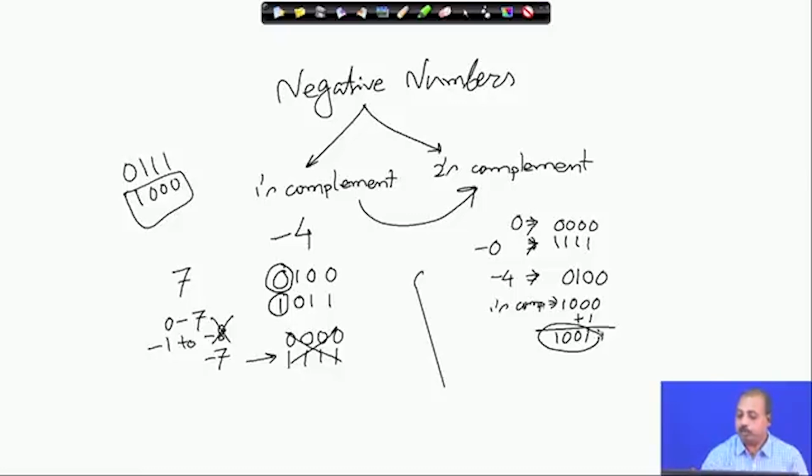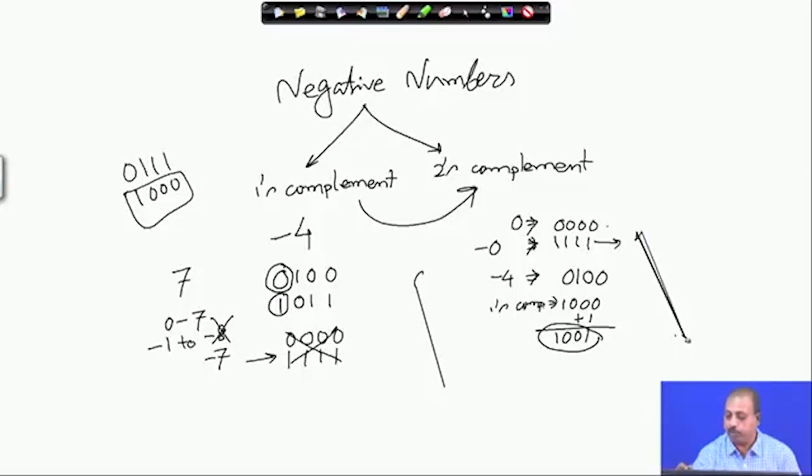Now, this 2's complement representation does not suffer from the plus 0 and minus 0 problem. Plus 0 is represented by all 0s. If you try to represent minus 0, we take the complement of that, so I will get 1 1 1 1.